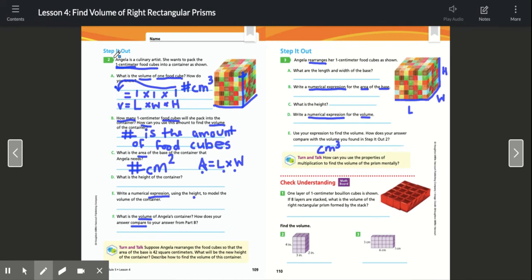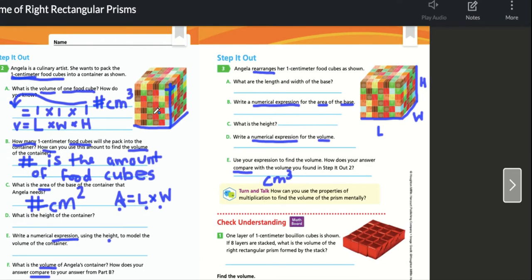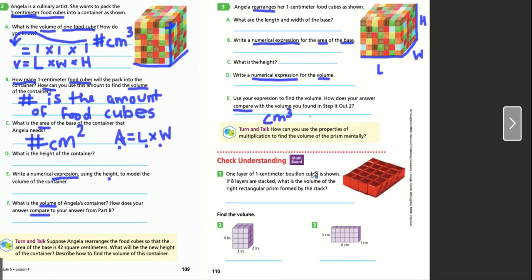So here you're going to get a volume for this shape, and it's going to ask you about the volume from this shape. How do they compare? Did you get the same answer even though Angela rearranged everything and we have different numbers now that we're multiplying? Did you still get the same volume?